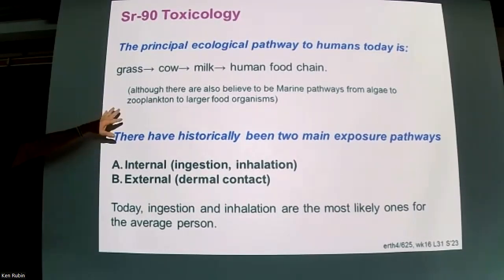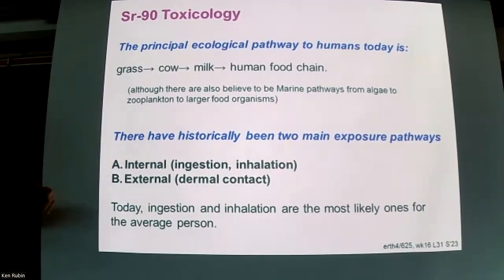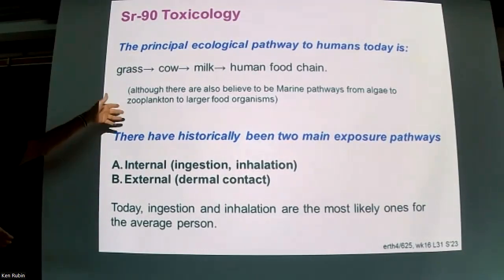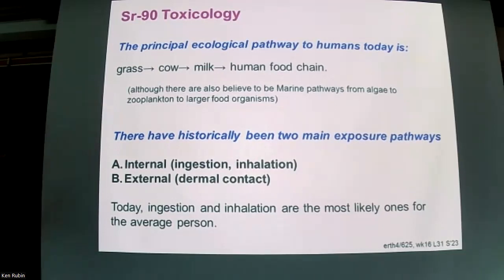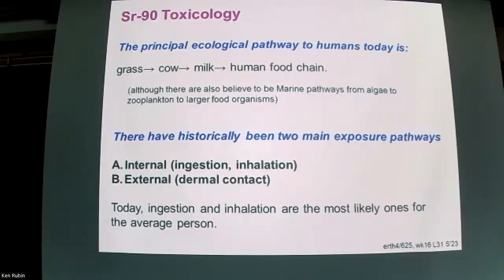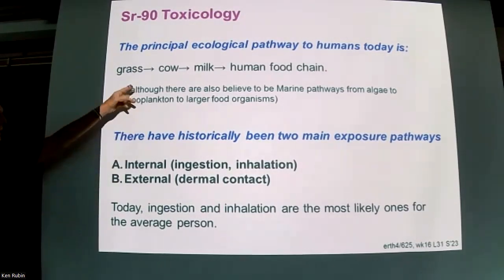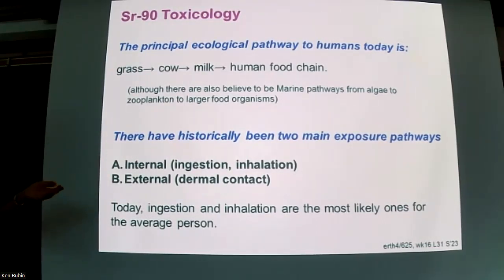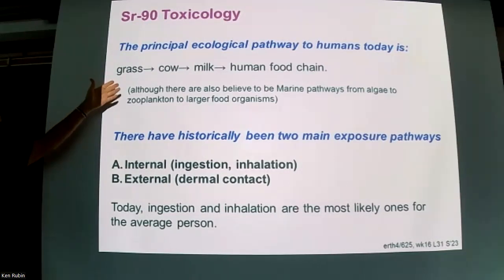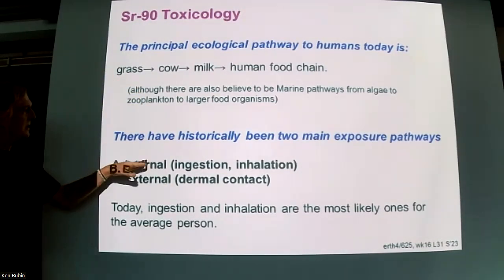There are also marine pathways from zooplankton to larger food organisms, but especially in this country, fish at the time when this was happening, as a really high flux out of the environment, the marine products were not a common part of the typical diet of an American, whereas cow's milk was, especially for children, especially in the 60s. And so there was a lot of internal exposure to radioactive strontium by ingesting milk.